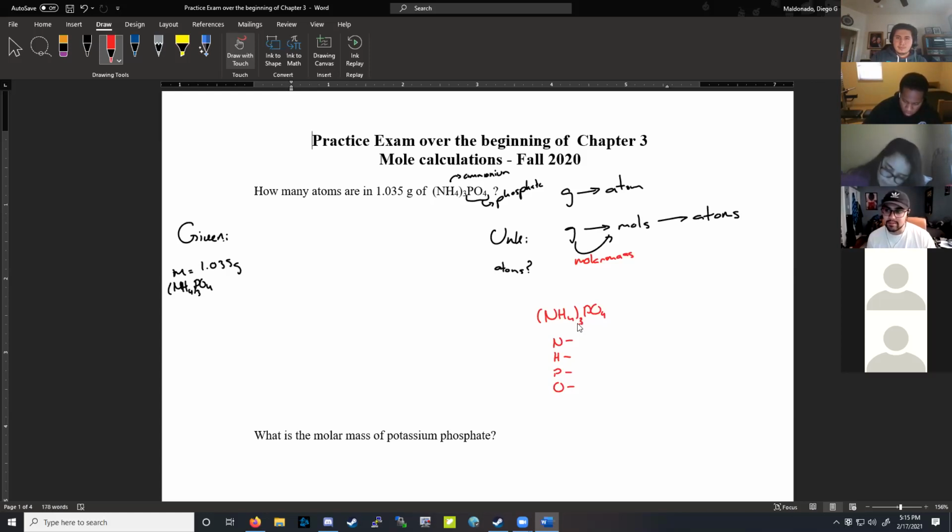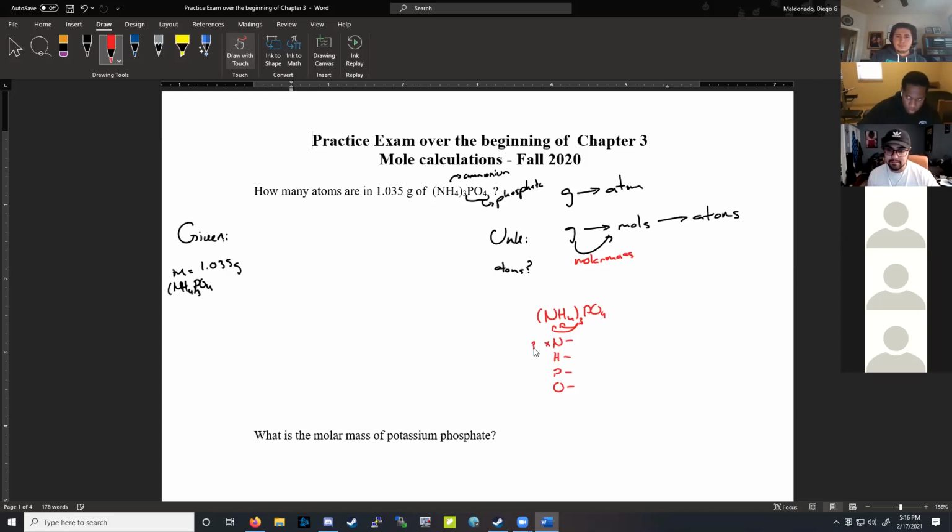And what do we have to do with that 3? Distribute it, we multiply it. So what are we multiplying our nitrogen by? 3. Our hydrogen? We would have 12, yes, it'd be 12. So 3 times 4, yeah, sorry. And our phosphorus, do we have to multiply by anything?